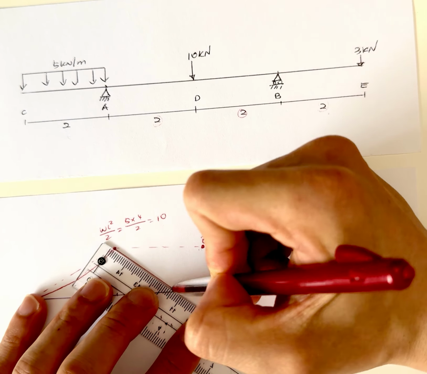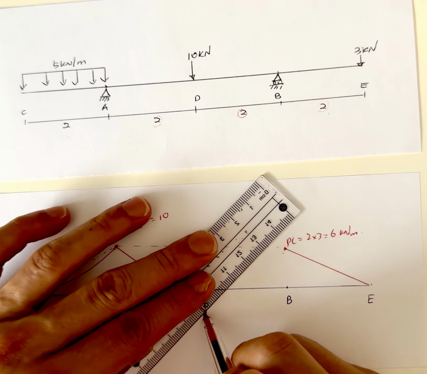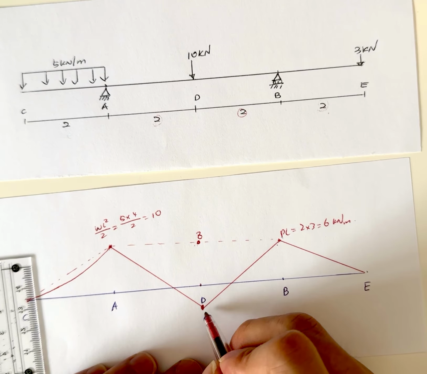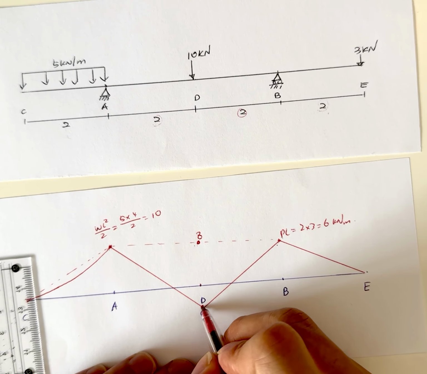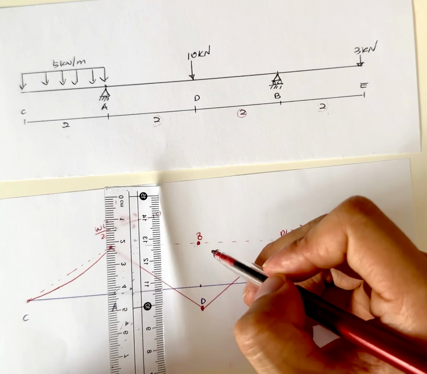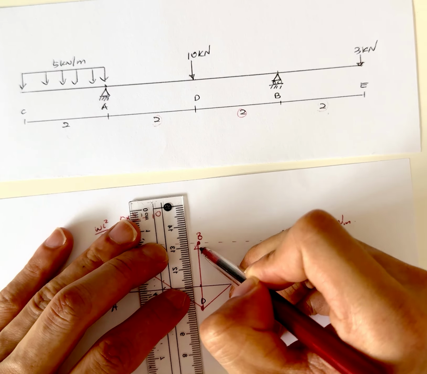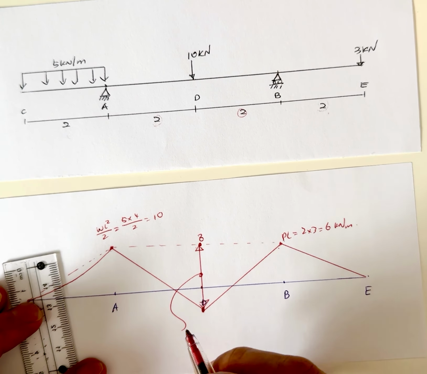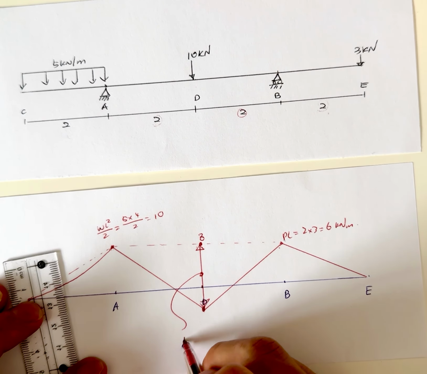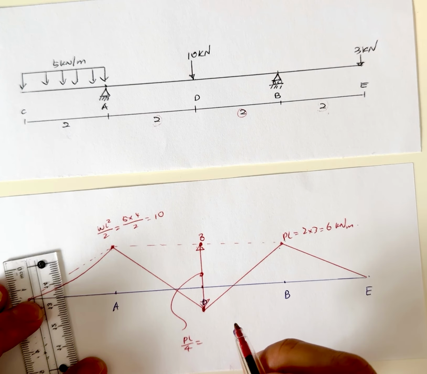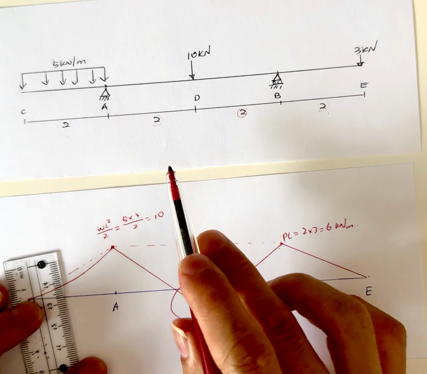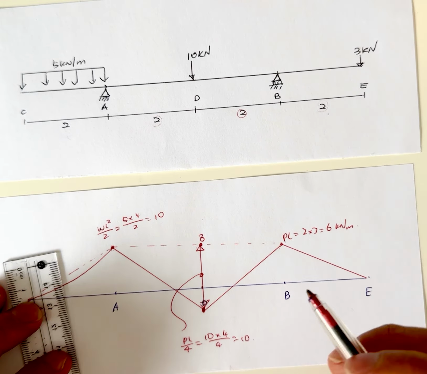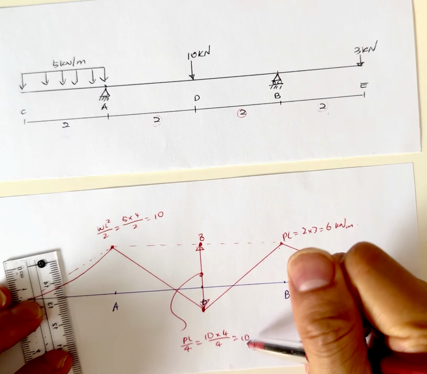So connecting this point from A to D and D to B, this is your bending moment for point D. The lowest value here, this length here, is going to be PL over 4. That is 10 kilonewtons times the distance 2 plus 2, 4, divided by 4 equals 10. So the overall vector is 10.